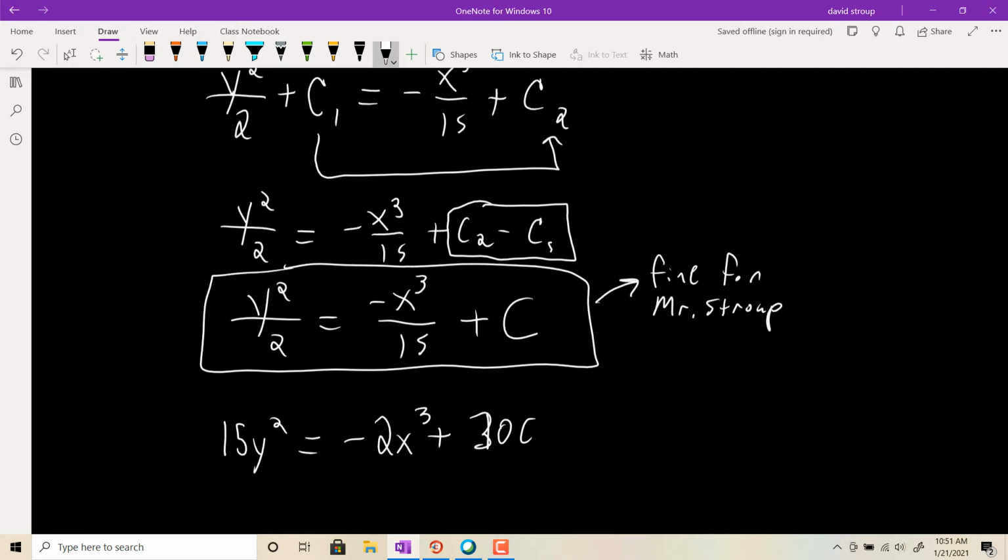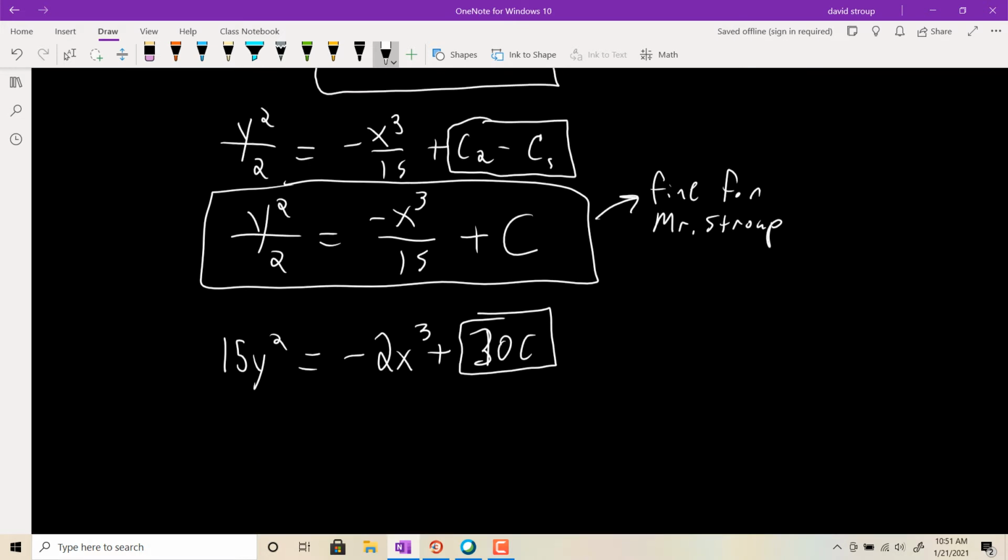But again, the range of 30c is just going to be all real numbers, so we're going to replace that with a constant, big C. You think of this constant as absorbing all other constants. It won't absorb variables, but it will absorb constants. So rewriting again, you have negative 2x cubed plus just plain old C.